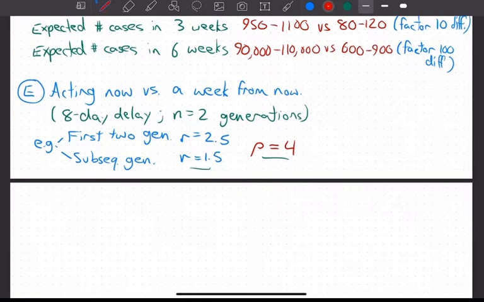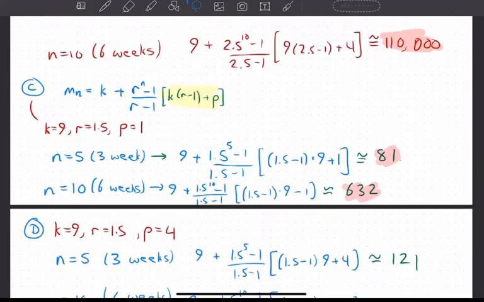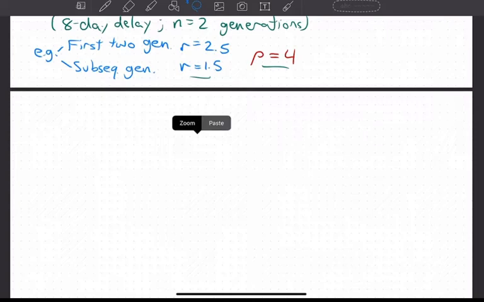Okay, so let's grab our formula again. Where was our formula? Here. There's our formula.